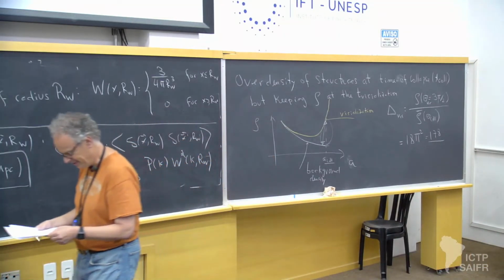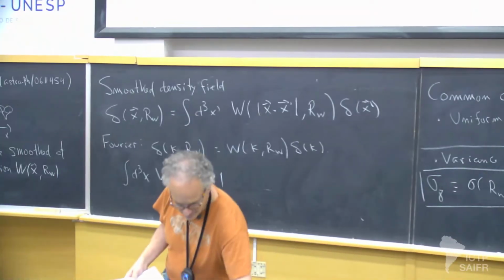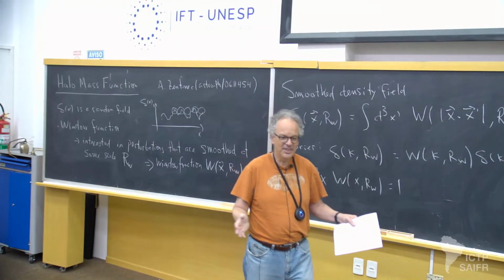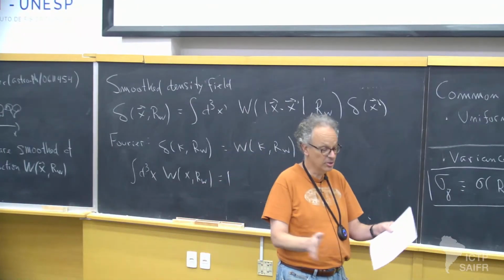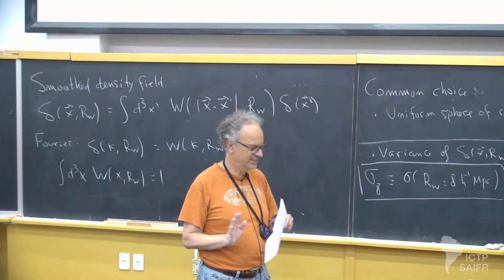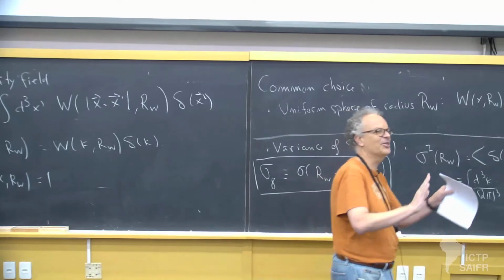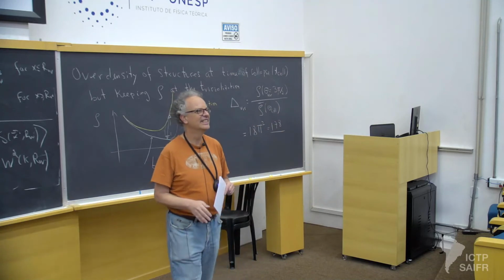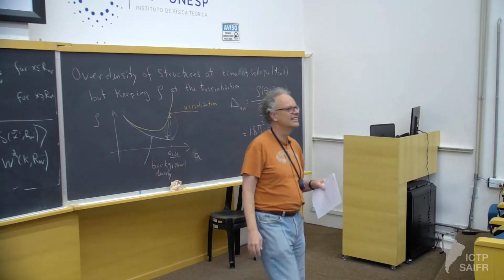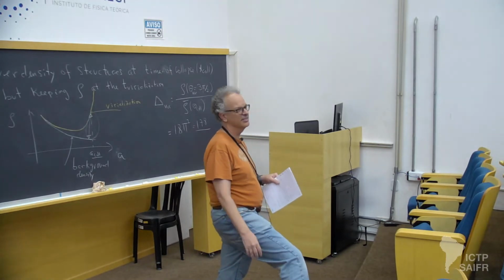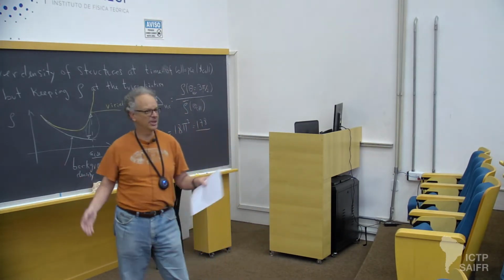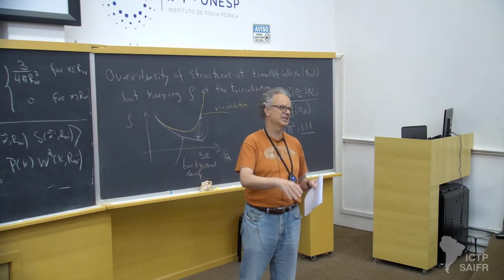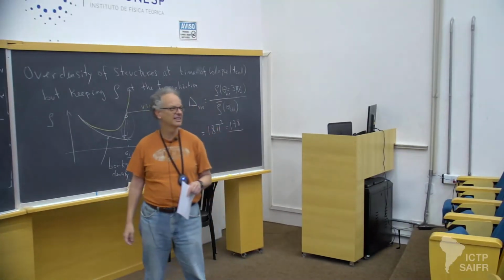So sigma 8 is something that's important. Yes? Sorry if I missed this, but why 8? Why 8? You have to define a certain physical scale, so this is totally arbitrary; it could be 7 or 9. Sigma 8 was the choice for historical reasons, and I don't know exactly what those are. And the CMB measures A_s, and sigma 8 is not too different from 1, it's 0.7, 0.8, something like that.